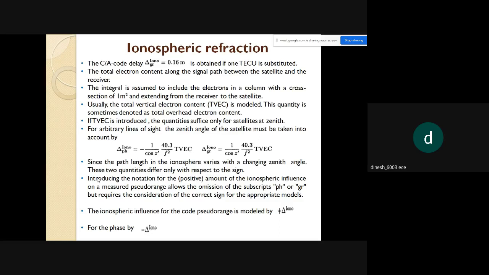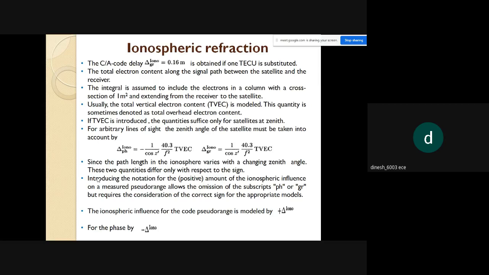So for arbitrary lines of sight, the zenith angle of the satellite must be taken into consideration. For phase velocity, the ionospheric refraction will be minus 1 divided by cos z dash times 40.3 divided by f squared times TVEC, and for group velocity the ionospheric refraction will be 1 divided by cos z dash times 40.3 divided by f squared times TVEC.